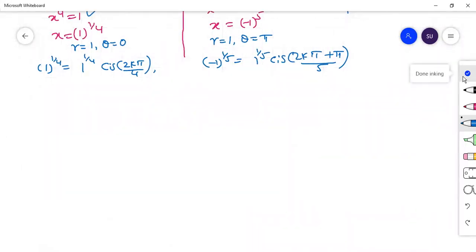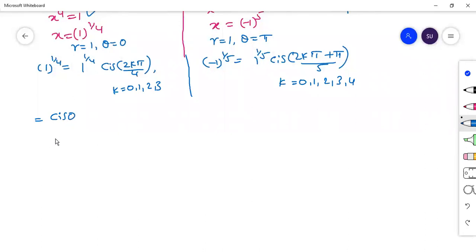Here the values of k are 0, 1, 2, 3. Here the values of k are 0, 1, 2, 3, 4. Now, first let me substitute the values. If you substitute 0, you will get cis 0.